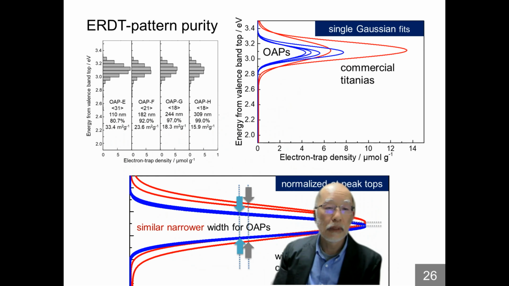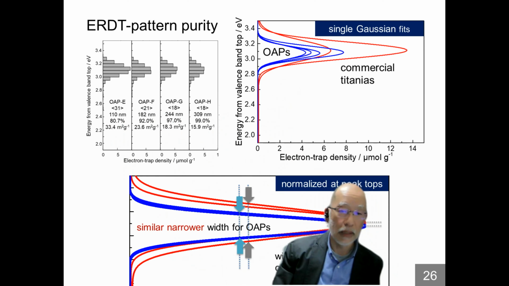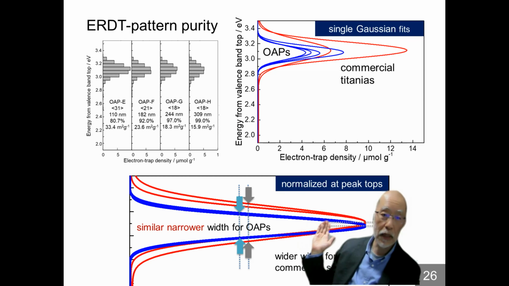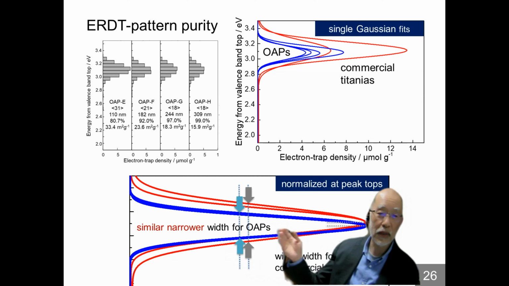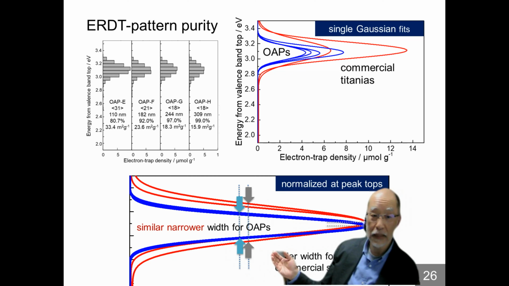This is a bit different from the other commercial titanias. When normalized at the peak position, all the octahedral particles show almost the same curvature, and that is much narrower compared with the commercial titania samples shown in red lines.